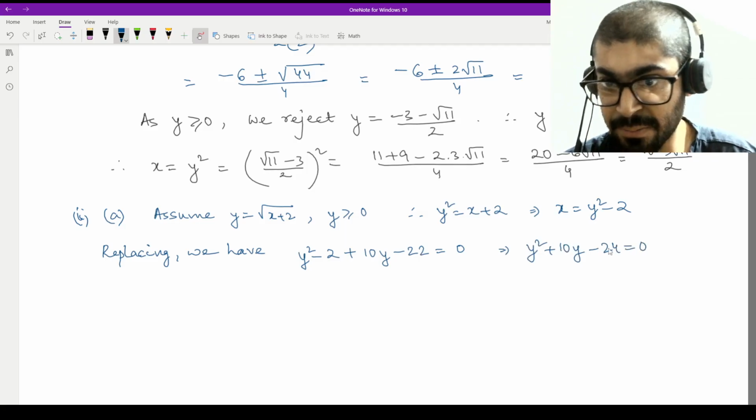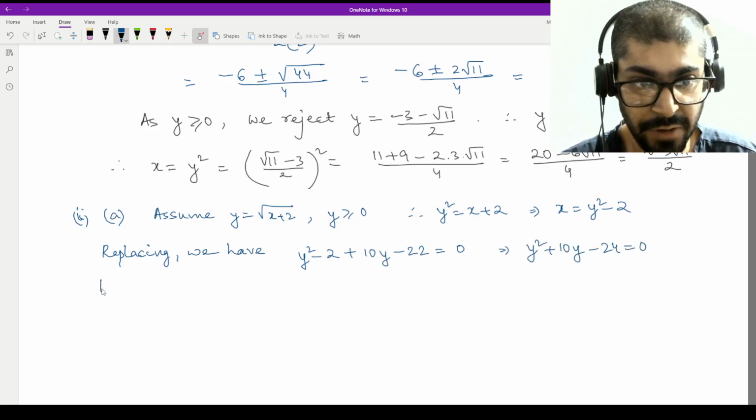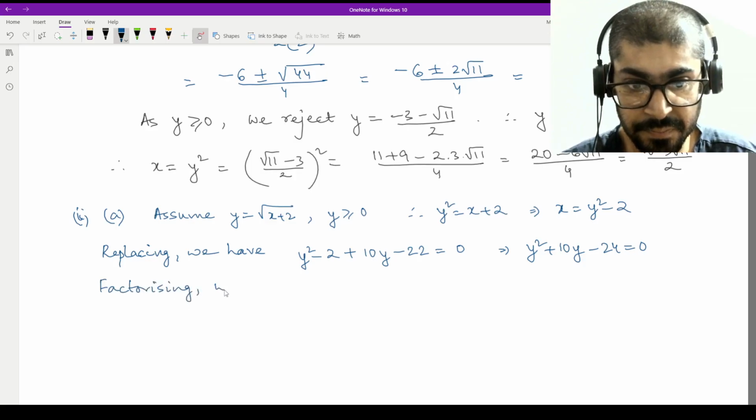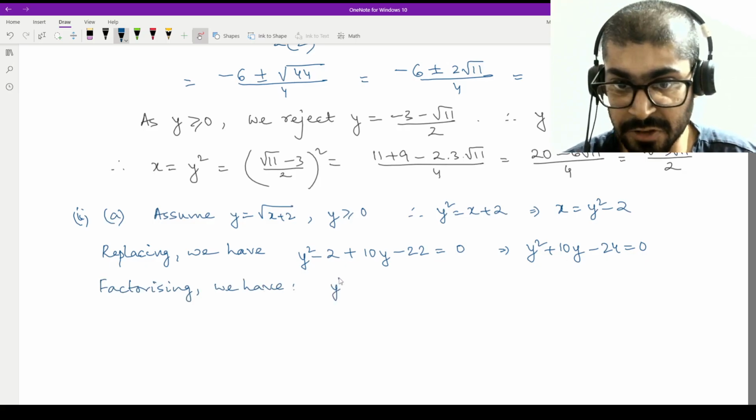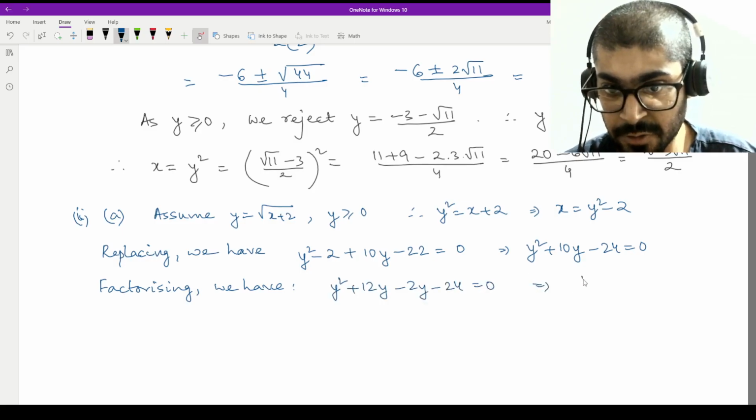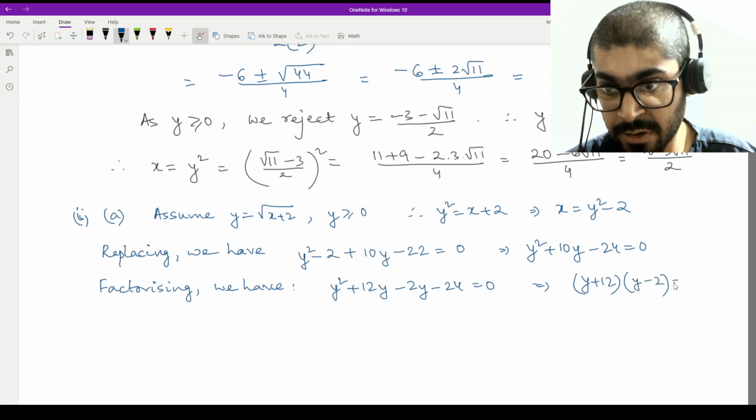Now this we can transfer into middle term, right? So factorizing, this will be y square plus 12y minus 2y minus 24 equal to 0, which would give us y plus 12 into y minus 2 equal to 0.